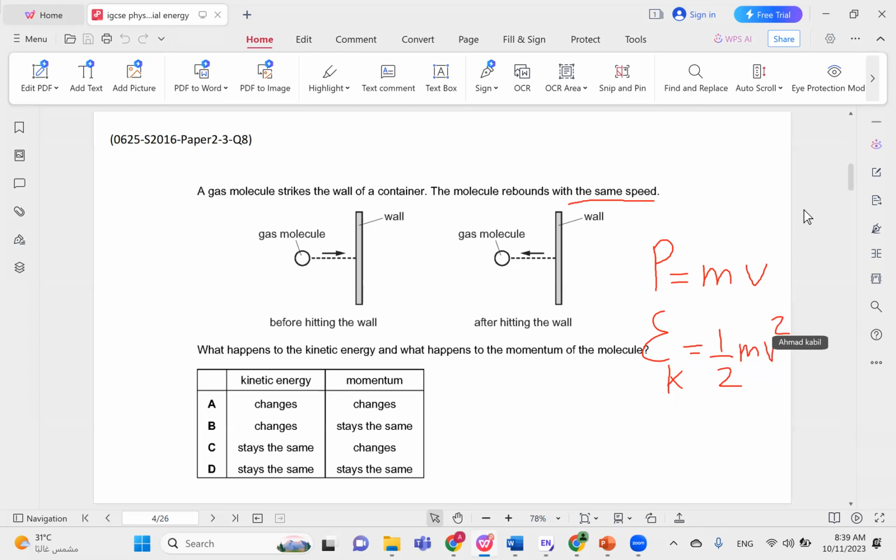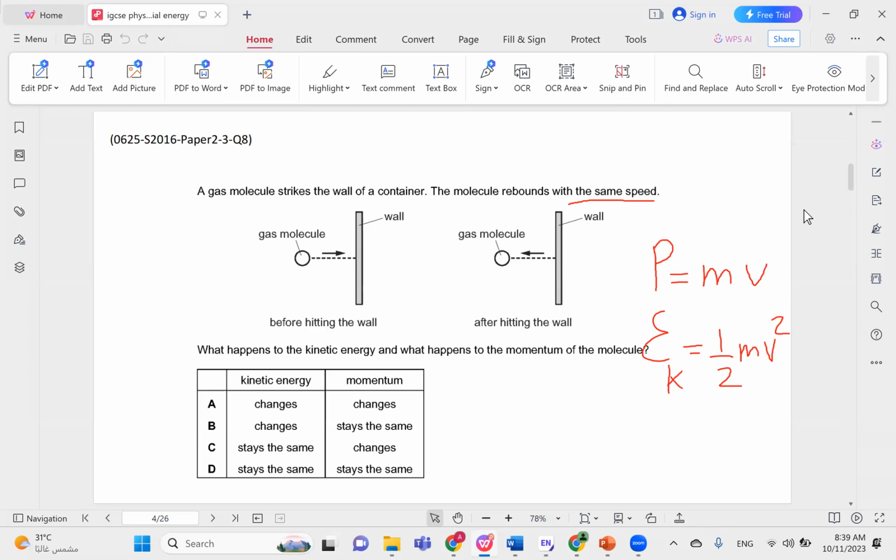Which of these would be affected and which of these would not be affected by a change in direction? Of course, the momentum P will be affected by the change in direction since P is a vector quantity, whereas the kinetic energy will not be affected by the change in direction since it's a scalar quantity.